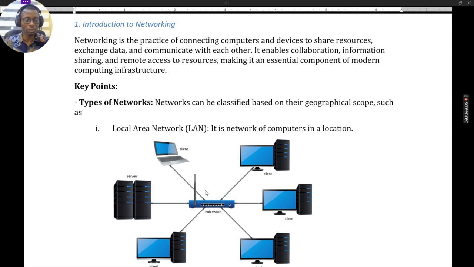So those are some of the things that can be accomplished. Even some of us, you just get your phone and you want to do something, and you connect your laptop to the hotspot. What you just did, you just set up a network between your phone and your computer, and you eventually set up to connect to the internet.